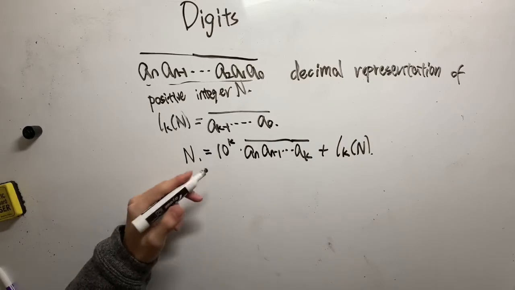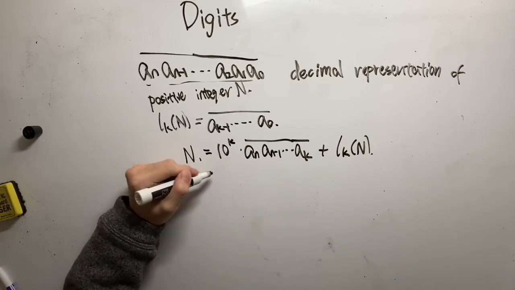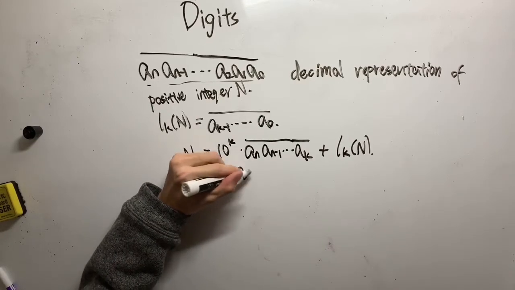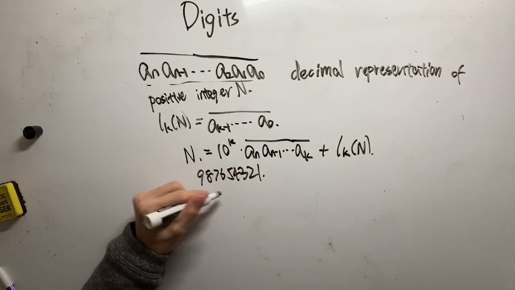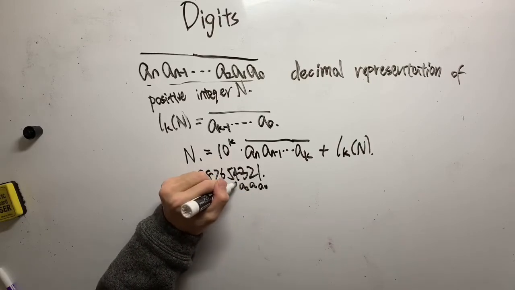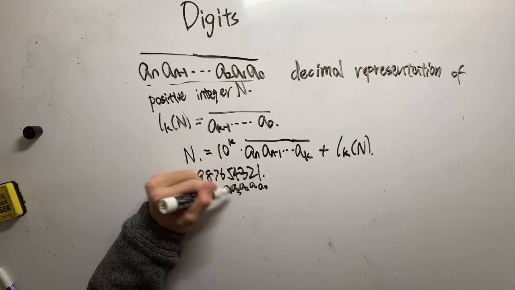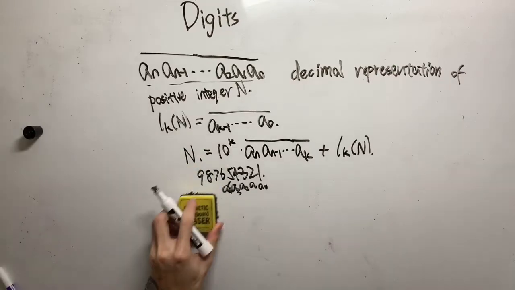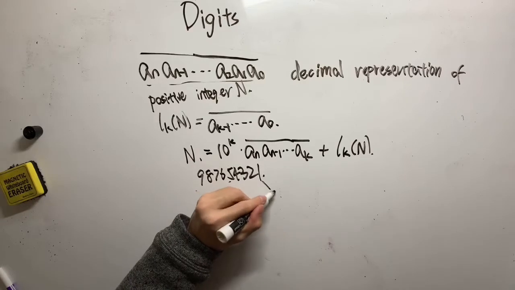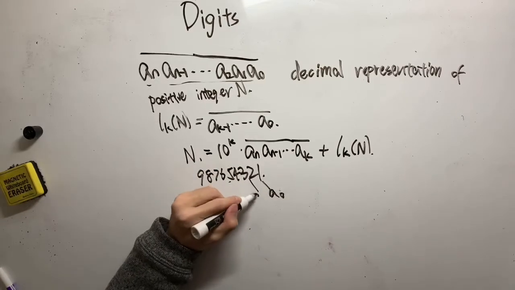So let's see an example. If we have an integer 987654321, then that's a0, a1, a2, a3, a4. This is a0 and this is a1.